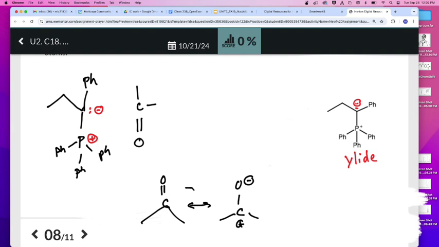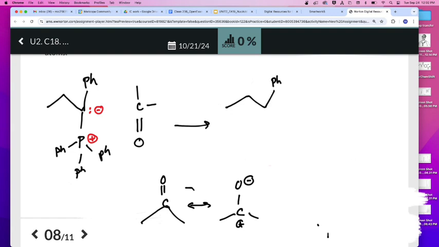Here's the part that I memorize. The Wittig is a phenomenal nucleophile and fully swaps out the oxygen.